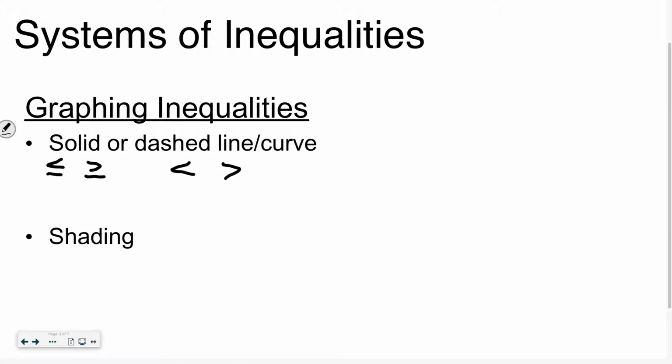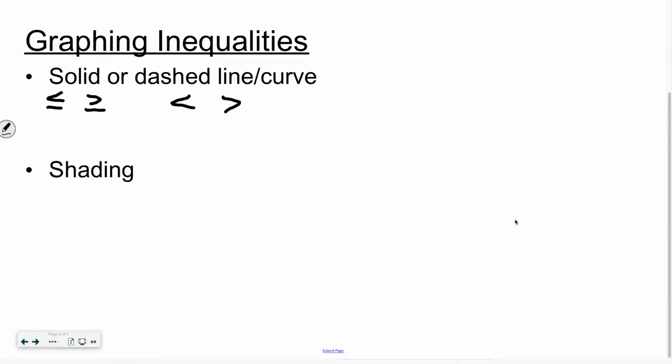But it is possible to graph an inequality with a less than or greater than. And then the other thing to always remember, and this will be really important to linear programming so you find what we call that feasible region, the solutions that work, is the shading.